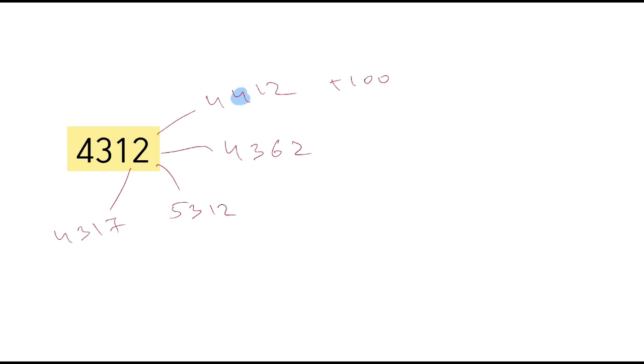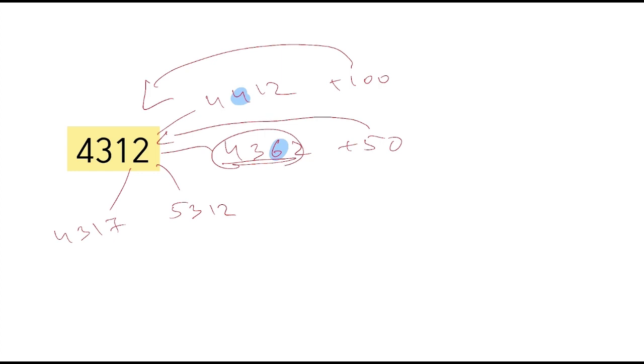Okay, let's look at something. If you make this number like that, I increased the hundreds place, so it means that I added 100 to this number. If you look here, I increased the tens place, so it means that I added 50 to this number to get this number.